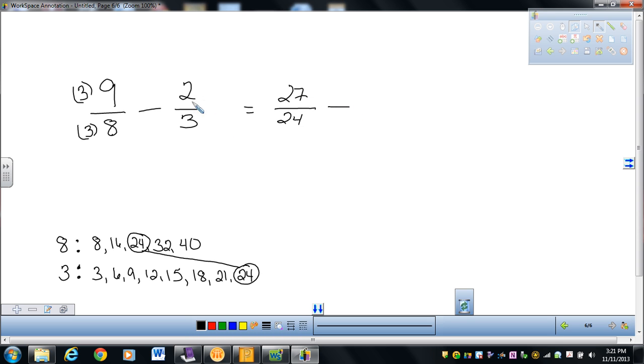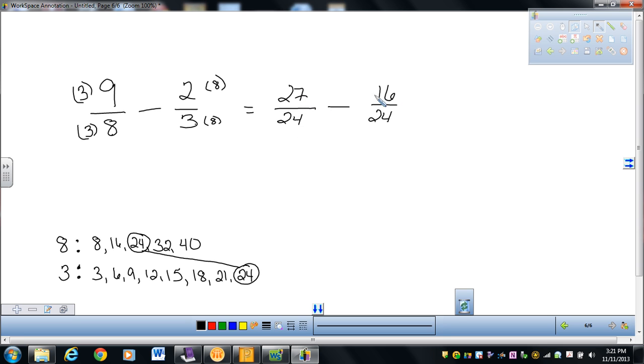Keep my operation. And how do I make the 3 24? Well, I can multiply it by 8. And what I do to the bottom, I do to the top. So 24 is going to be our denominator, and 8 times 2 is 16, and that's going to be our numerator. Now I can just subtract my numerators, because my denominators are finally the same.